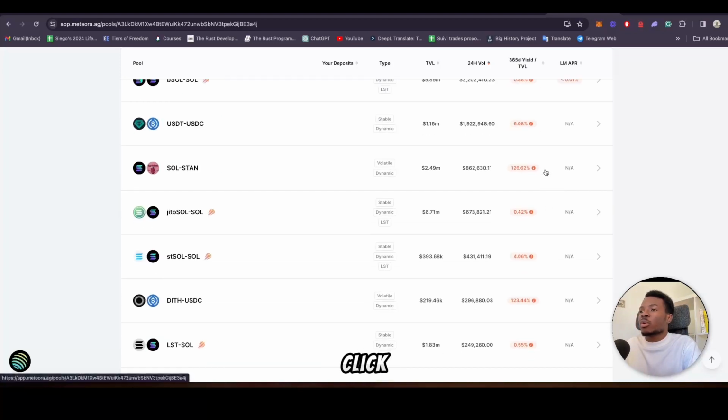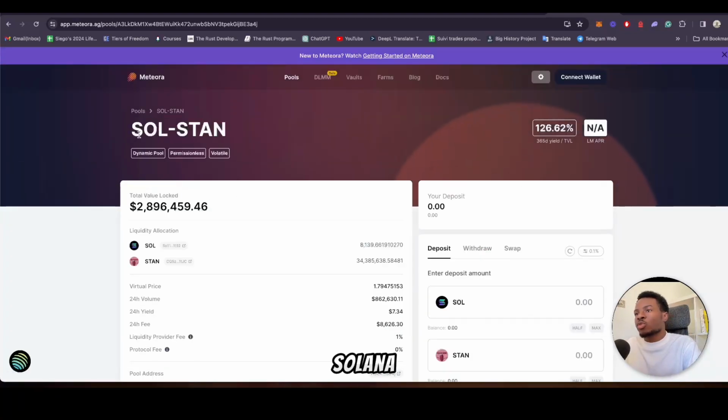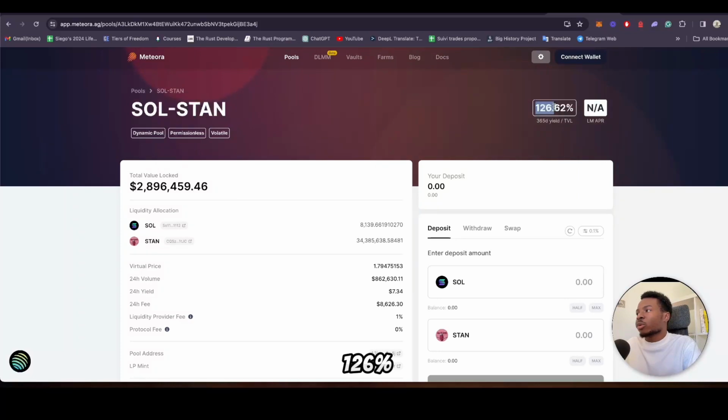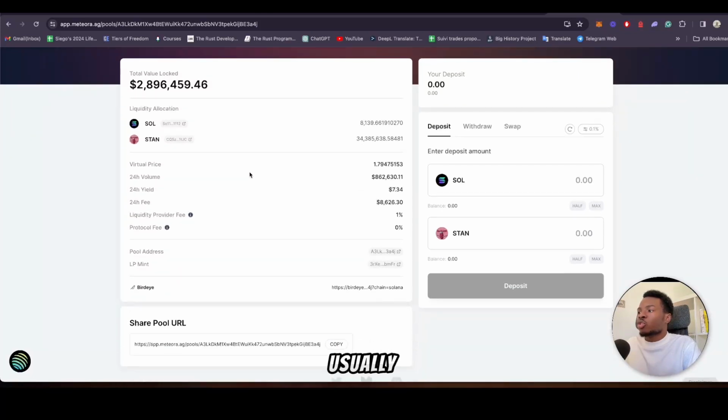For example, if you click on one of these pools, like Solana and Stan, I really don't know what this coin is, but when you see a yield of about 126% like this, it usually means that the yield you're going to get will be dropped to your wallet in terms of Stan coin, right? And the risk associated with that is that there might be a deviation between the SOL price and the Stan price, so there's a high risk of impermanent loss.